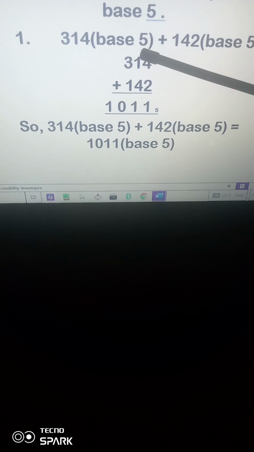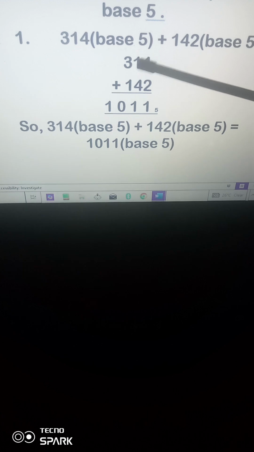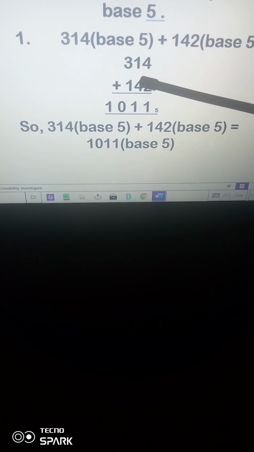That 1 plus the carried 1 is 2. 2 plus 4 is 6 again. And 6 divided by 5 is 1, remainder 1.